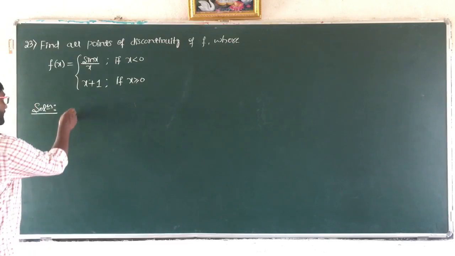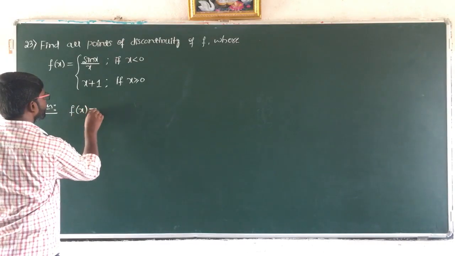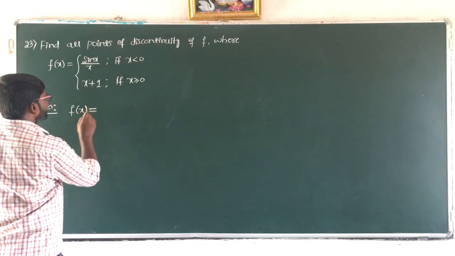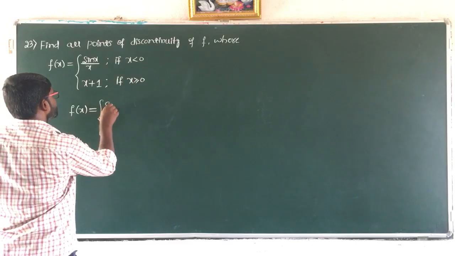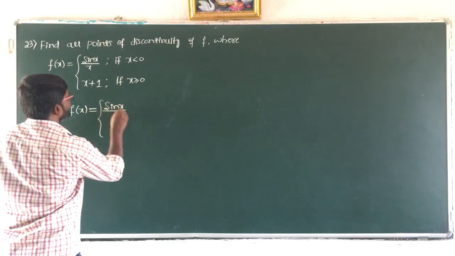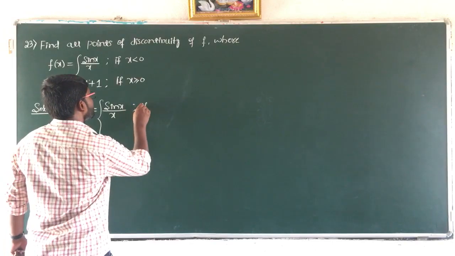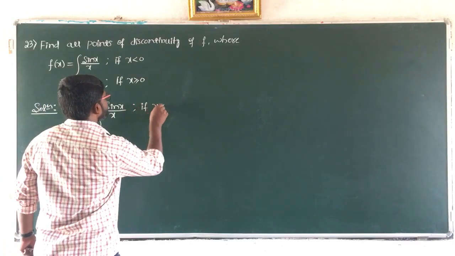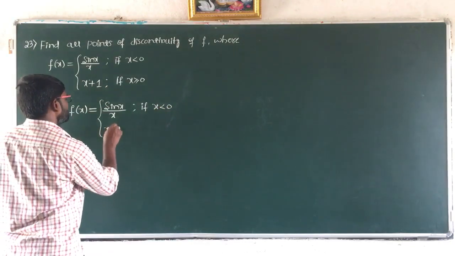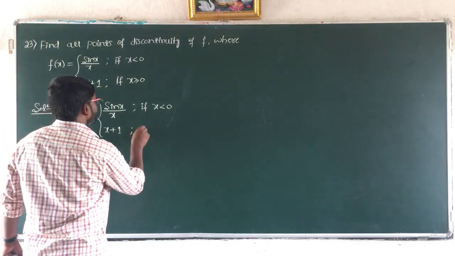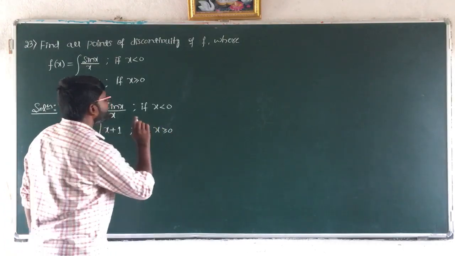So I will write the given function f of x which is equal to sin x by x if x less than 0 and then x plus 1 if x greater than or equal to 0.